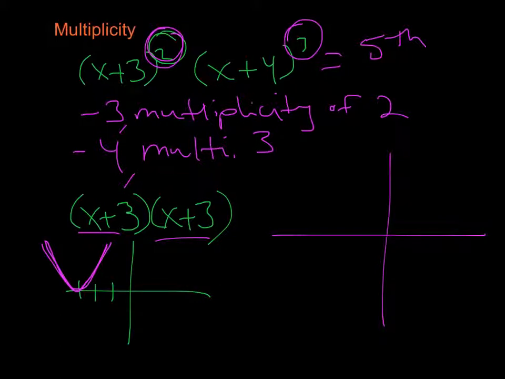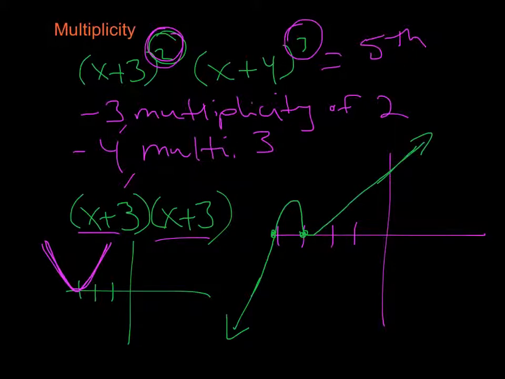So we know that we have 1, 2, 3, 4. This is a 5th degree equation, and it's a positive 5th degree, so we know it's going off this way and up this way. At -3, it's going to bounce, and at -4, it's going to cut through. So this is going to cut through, it's going to bounce off, and then go back out, right? So that's basically what this graph looks like.